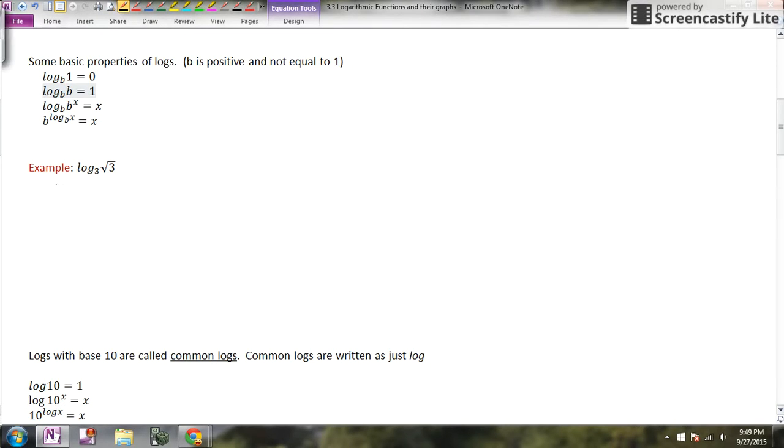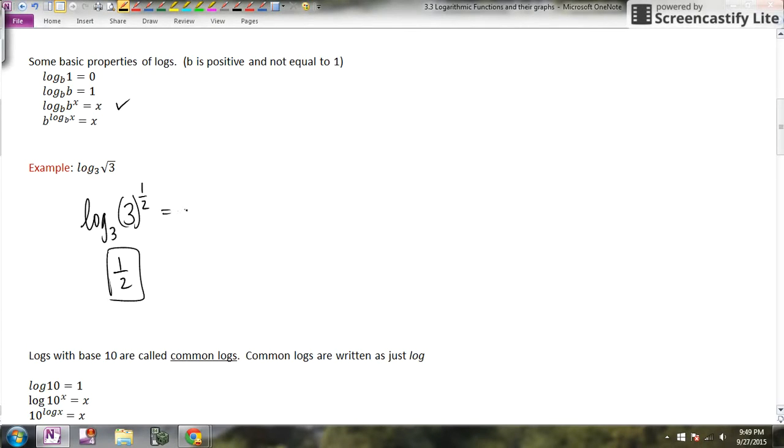So here it is. Look at this, log base 3 of root 3. I could rewrite root 3 as 3 to the 1/2 power. And then if you know some of those properties up there, specifically this guy, then I know that the logs and powers are going to cancel each other out, and I'm just going to end up with the half. And that's it, right? If you wanted to rewrite it, you could.